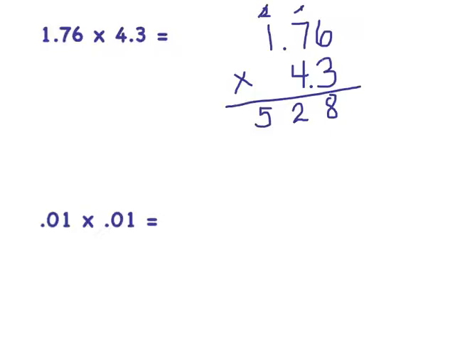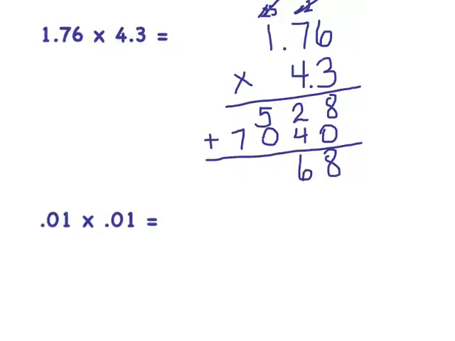I'm moving to the next place value, so I'm going to put my 0 down to hold the place. 4 times 6 is 24. Carry the 2. 4 times 7 is 28, plus the 2 is 30. Carry the 3. 4 times 1 is 4, plus that 3 is 7. And I'm going to add and get 8, 6, 5, 7.